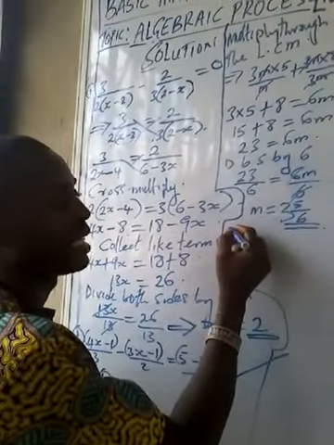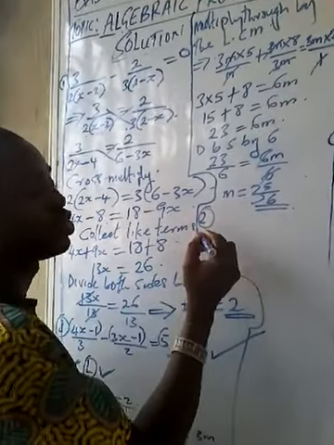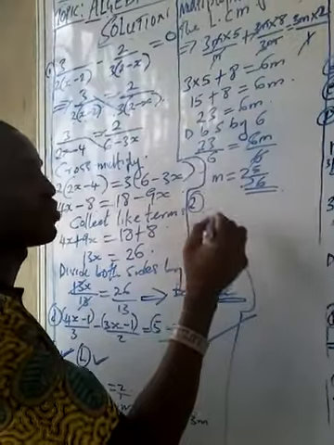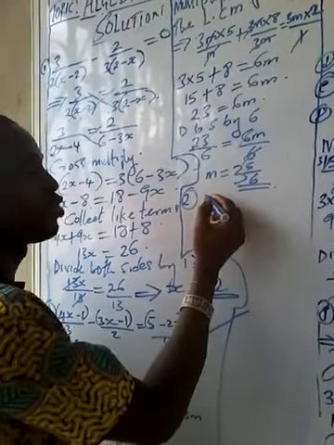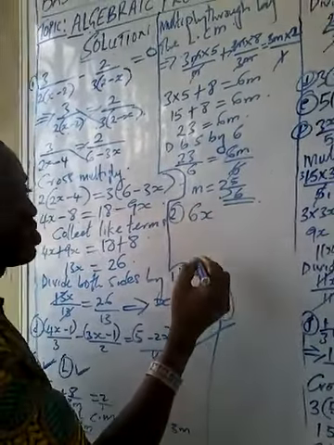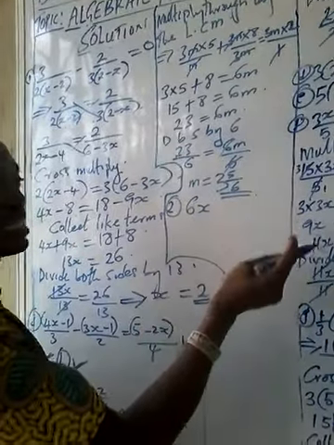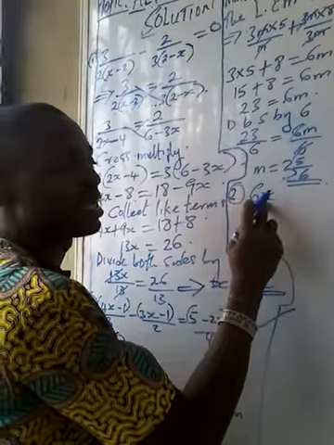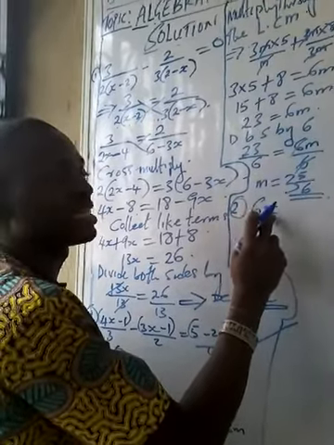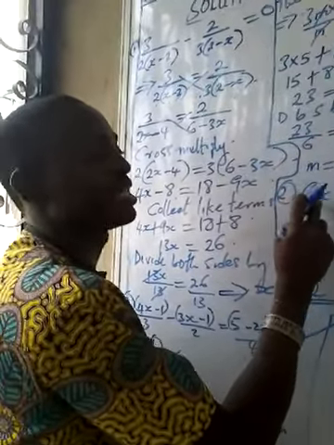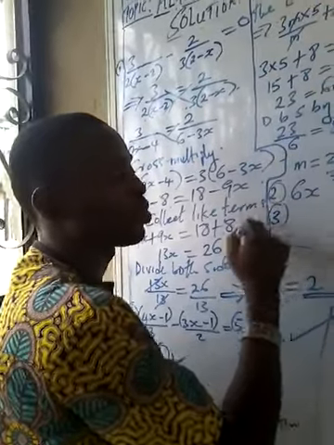Like your number 2 says that after you have found the x, you should look for the value of 6x. So any answer that you get for x, you multiply by 6 to get your final answer. So it's 2 steps in here. You first of all get the value of x, then you multiply the value of x by 6 to get the final answer. Same for question 3.